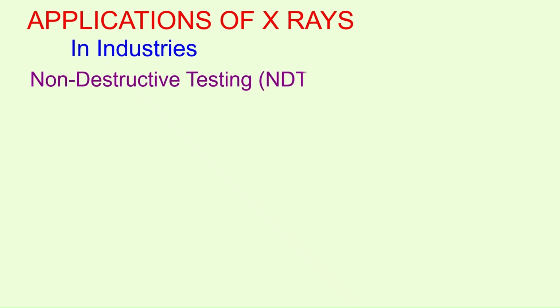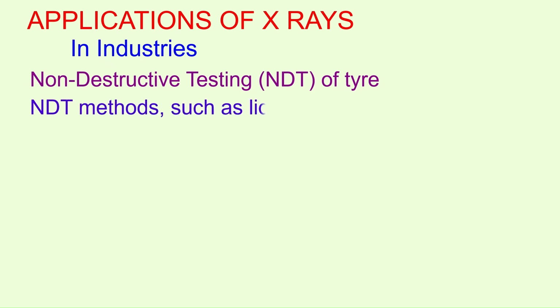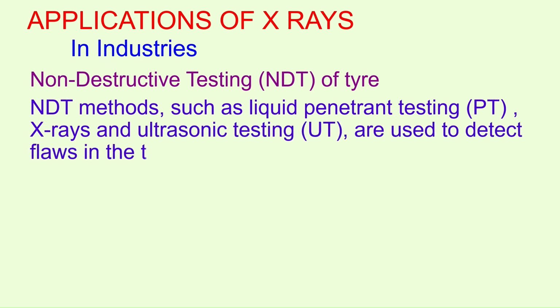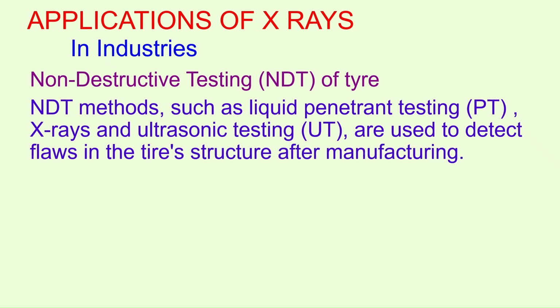Non-destructive testing, NDT, of tires. Non-destructive testing methods, such as liquid penetrant testing, PT, X-rays and ultrasonic testing, UT, are used to detect flaws in the tire's structure after manufacturing.